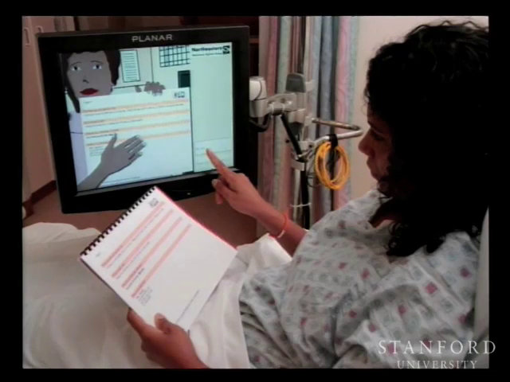They can learn how to use it in about 10 seconds. Basically, the character walks on and says hi, and they inevitably wave and say hello, and you say, no, you just touch what you want to say, and that's the end of the training. And from there, they're off and running with the system. And it supports sort of a natural flow and the look and feel of a face-to-face conversation, even though the patient side of it is extremely constrained.